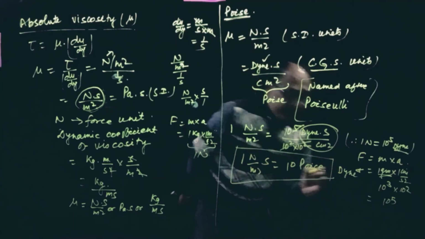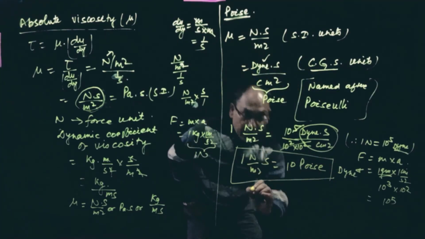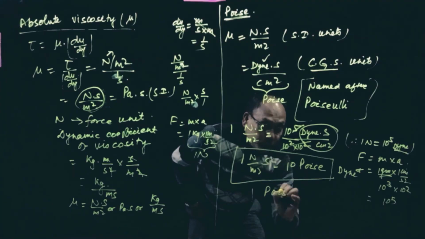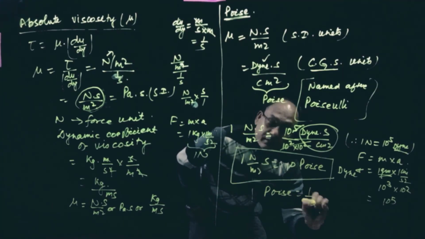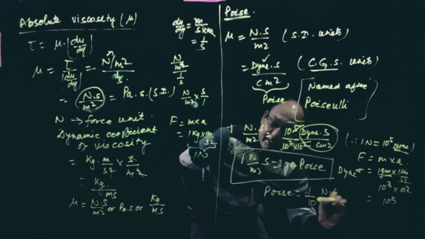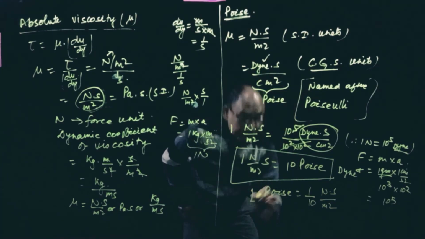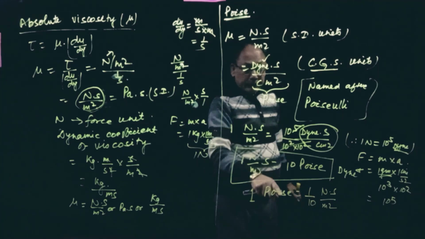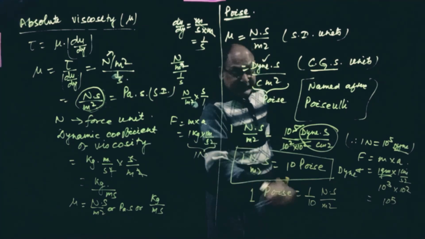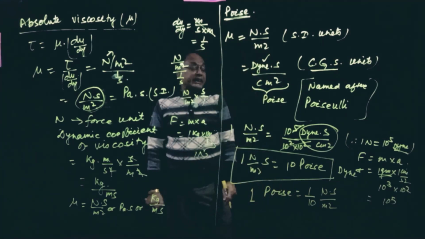Or if they give you Poise, then 1 Poise will be 1 by 10 Newton second per meter square. Be careful about this one. Whenever they give you Poise, divide by 10, and that will give you Newton second per meter square.